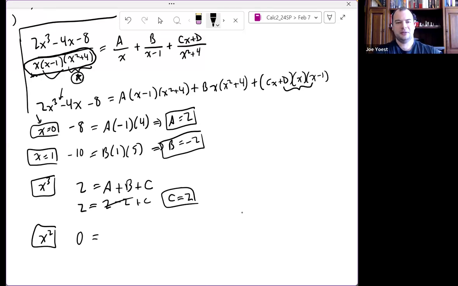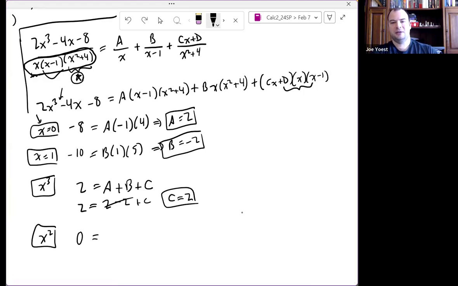The quadratic coefficient on the left is 0. On the right, what's the quadratic coefficient? Well, what does A multiply? I have an x against an x squared or against a 4. That gives me a cube or a linear. So no contributions to quadratic from this x.